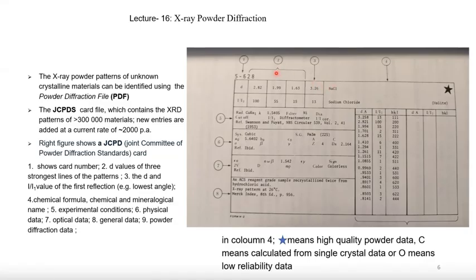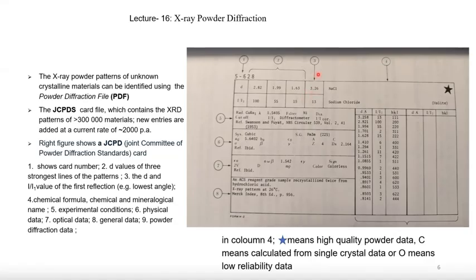What are these in this table? We have to know these also. In table 1, column 1, this one we are talking about, is the file number. Then in column 2 there are the three strongest D values and relative intensities.